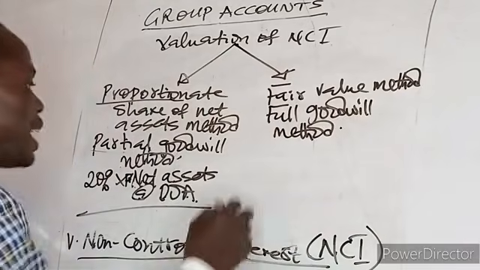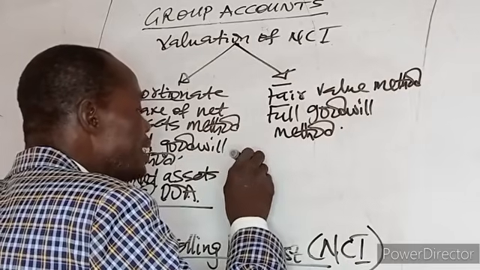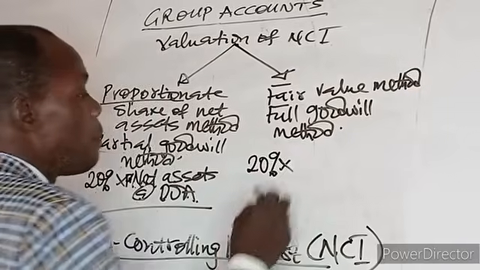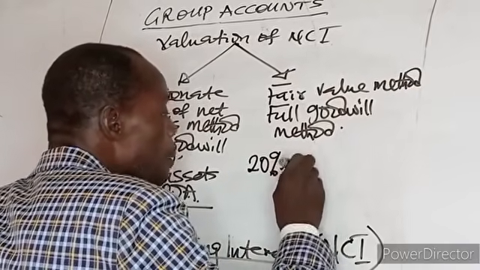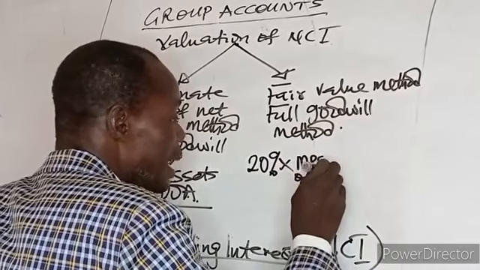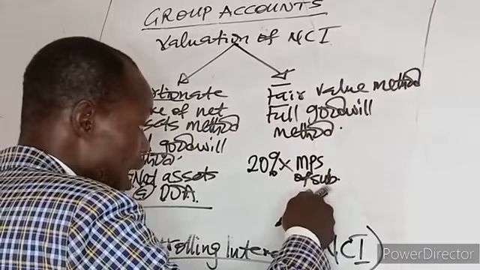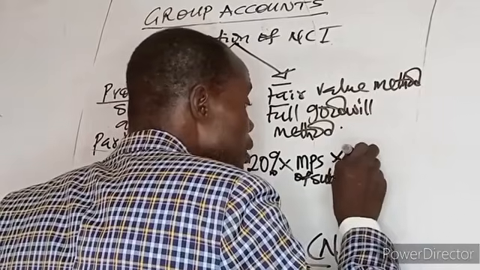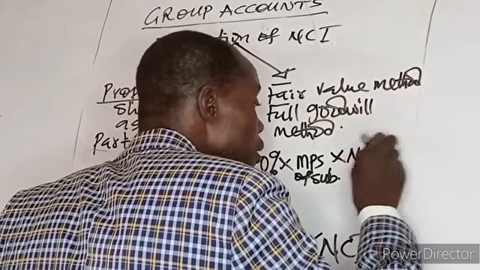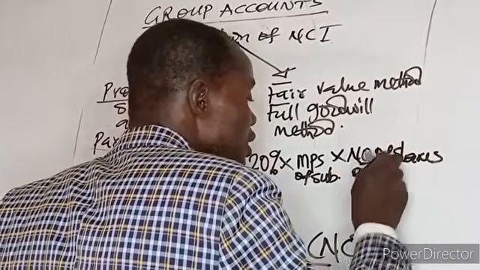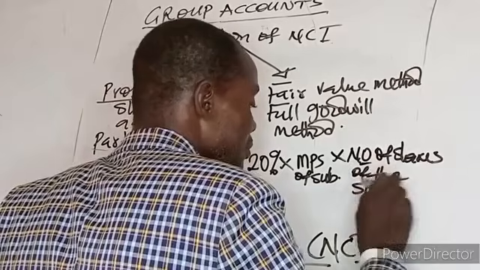In that case, assuming NCI is 20%, you have 20% times the market price per share of the subsidiary times the total number of shares of the subsidiary.